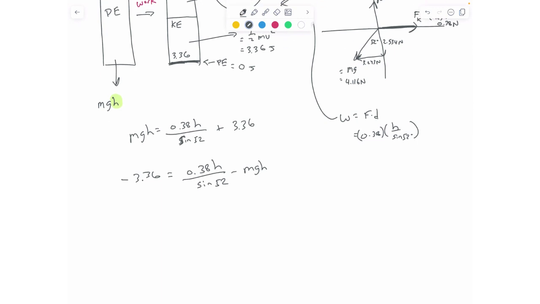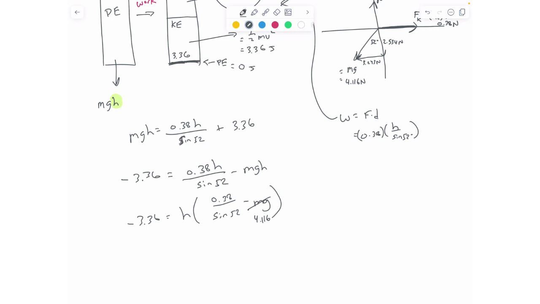So I'm going to say negative 3.36 equals h, and I pull it out, and I should have 0.38 over sine 52 minus mg. Okay? And now I know what mg is. mg is just mass times gravity, which is 4.116. So this is effectively 4.116.